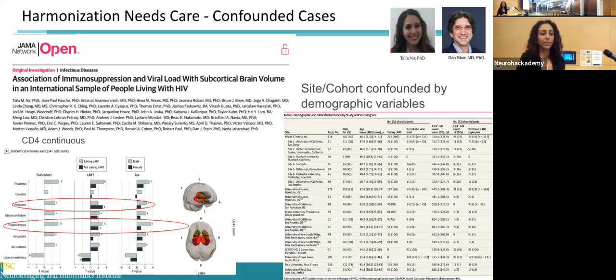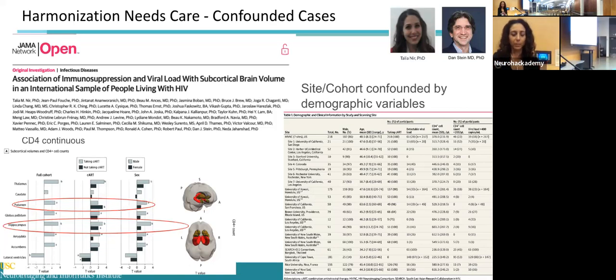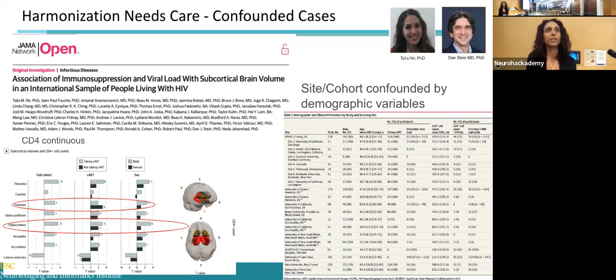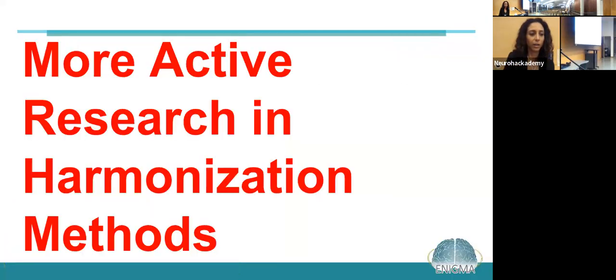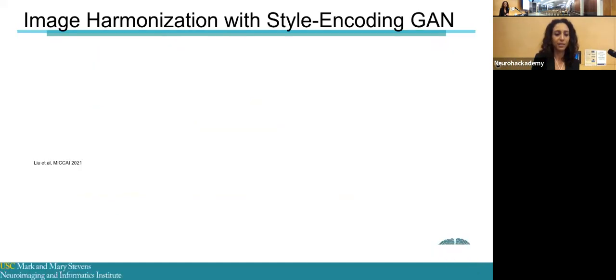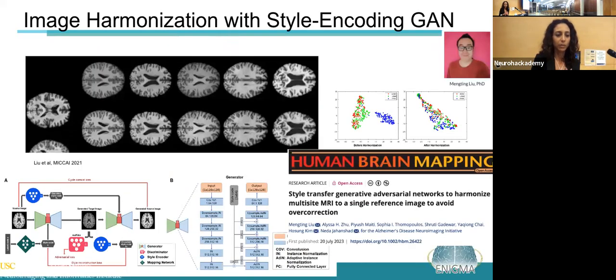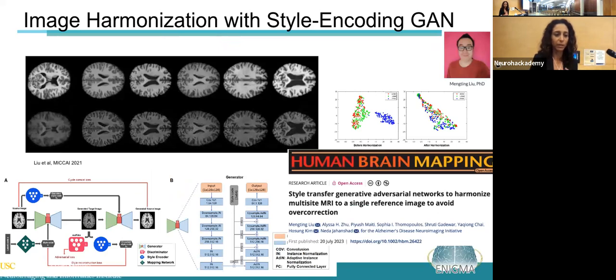So this really was brought to light when doing this: we can't do a statistical correction and completely rely on the results. We still did male and female separately, but there is the caveat that it's very confounded. So we need more active research on harmonization methods, and this is something we've been trying to work on in my team and others.